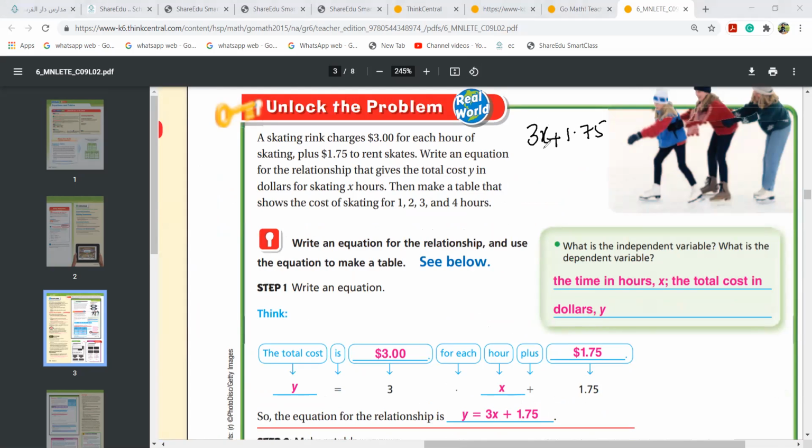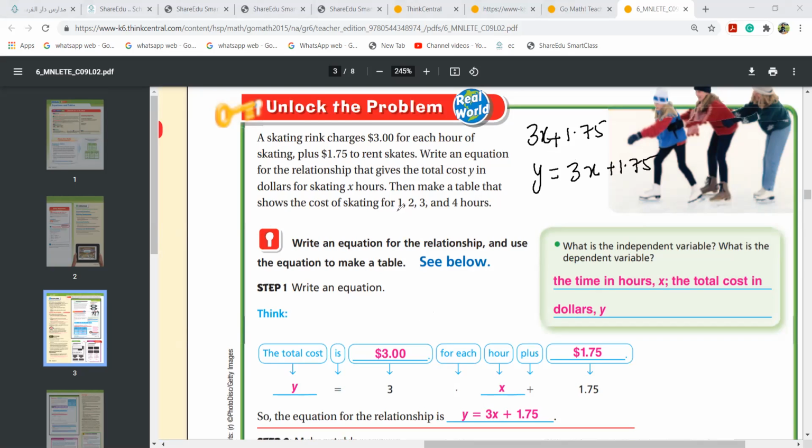So this x is the independent variable because I don't know how much. Write an equation for the relationship that gives cost y in dollars for skating x hours. So y equals 3 times x plus 1.75.